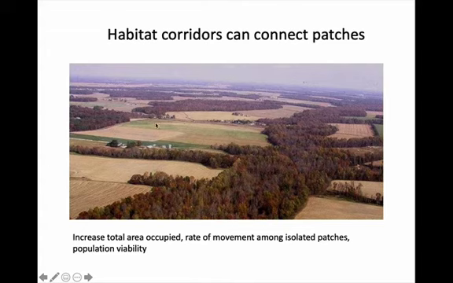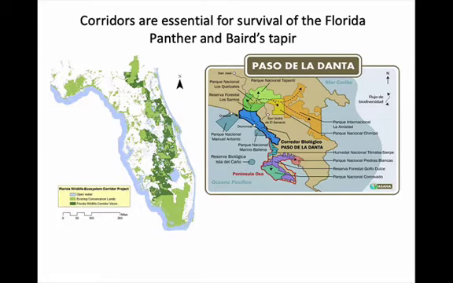Now, this is a really important tool in conservation biology, and we have used habitat corridors quite deliberately in conservation plans for many species. So here are two examples of this. On the left is the movement corridor between the Everglades and the swamp forests of Georgia that permits the Florida panther population to remain viable.